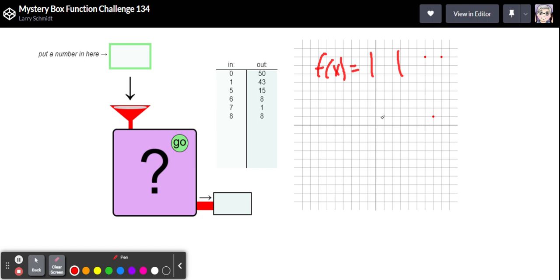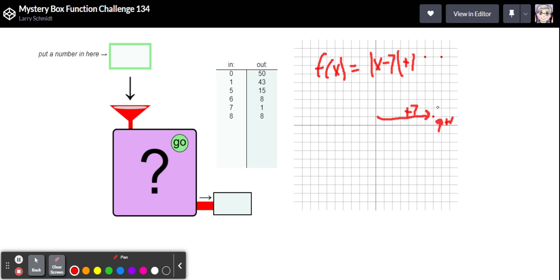There's a couple of things that happen. It has moved over 7, and it has been moved up 1. So we got plus 7 and plus 1. The up 1 is just plus 1 right here. The over 7 in a positive direction is actually going to be a minus 7 inside the absolute value brackets.